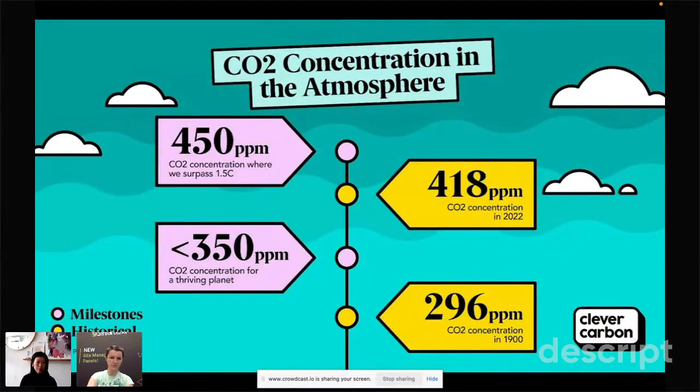If we look back to this screen, carbon offsetting means we are going to stay at 418 parts per million. So I actually believe in carbon removal and not carbon offsetting. When we go on vacation, can we actually remove extra carbon? How can we remove more carbon than just offsetting? Because as you can see, if we want to get to 350, we're going to need to do more than offsetting.